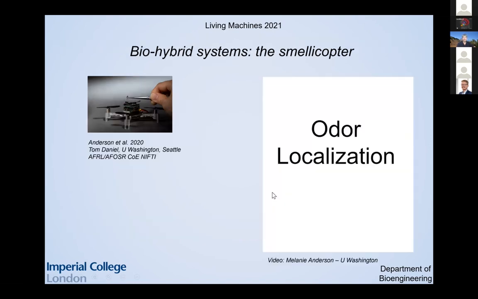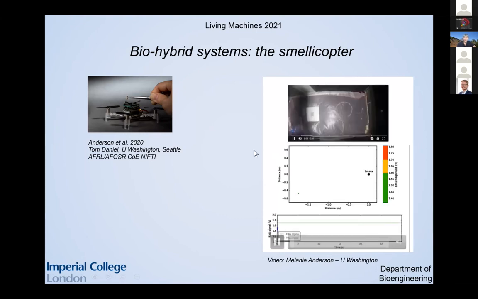I'll stay with the so-called smellicopter from the University of Washington because it's quite amazing what they could, in fact, do in their experiments. So what you see up here is the overall experimental arena. There is an odor source at this end here, roughly there. And we can see the drone doing a very typical behavior for hawk moths when they look for or try to follow odor plumes.